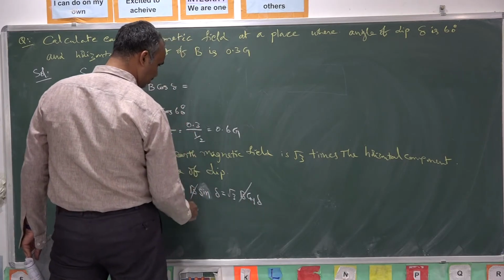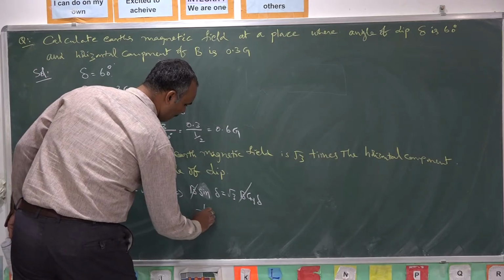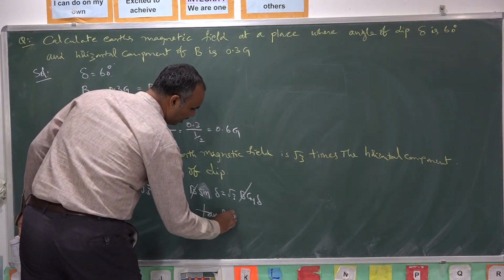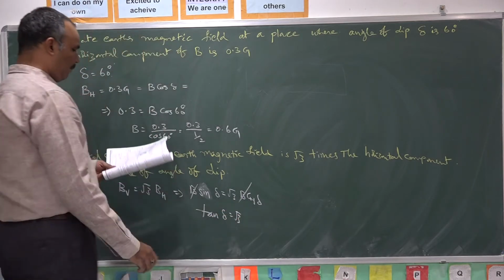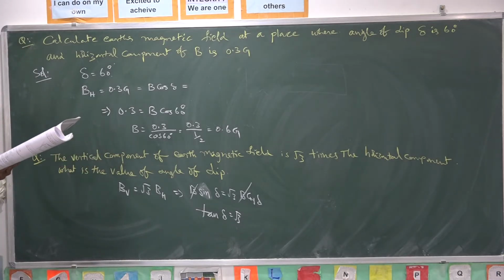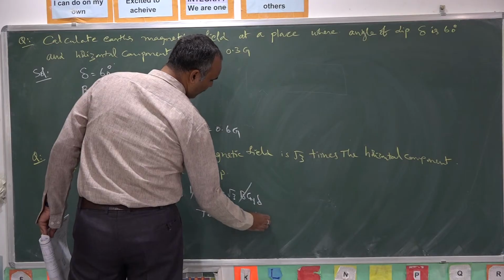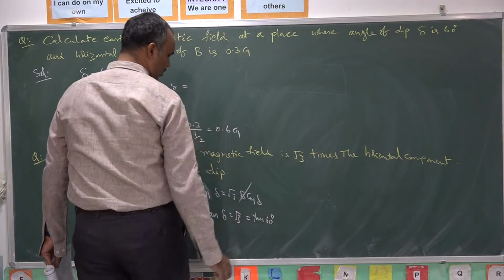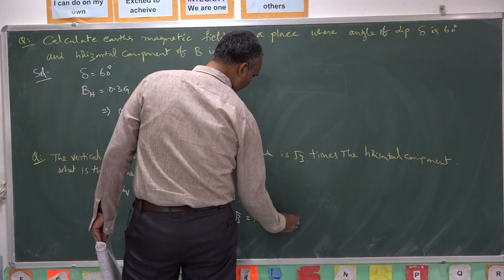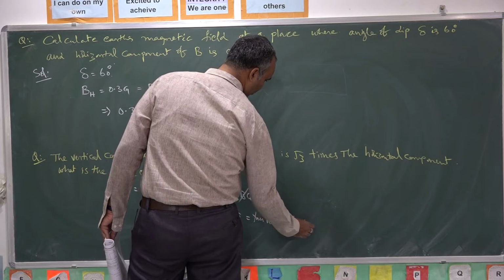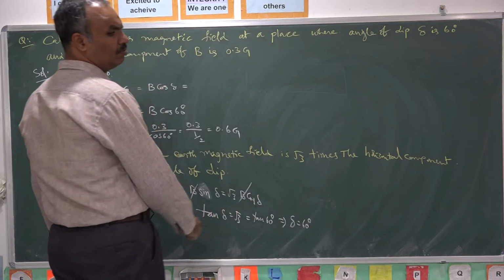B gets cancelled. Tan delta is equal to √3. That is tan 60 degrees. That implies angle of dip is 60 degrees at that place. Very, very simple questions they are.